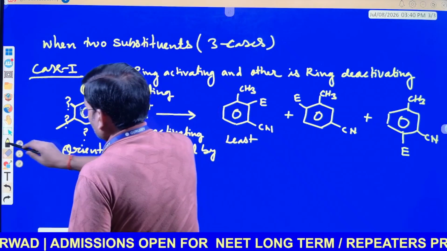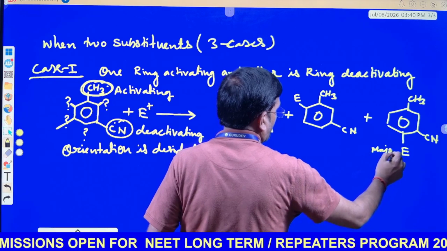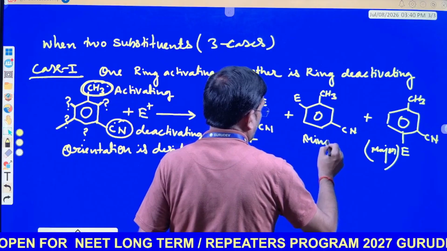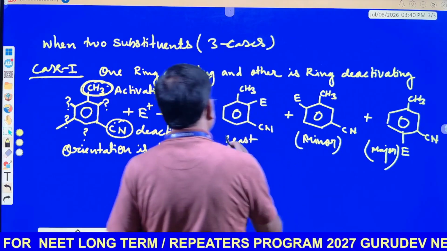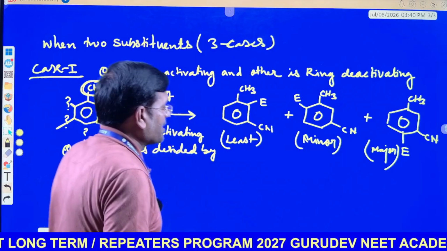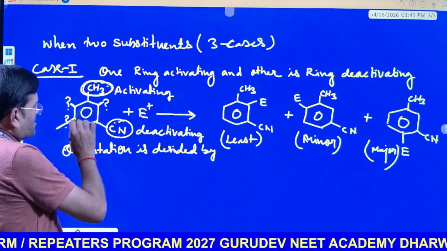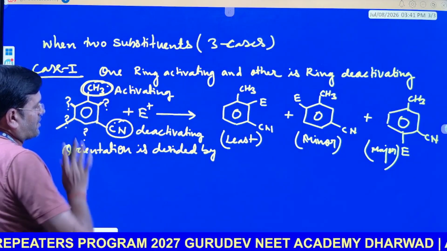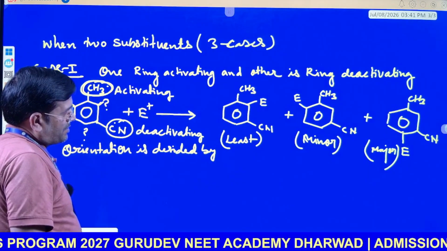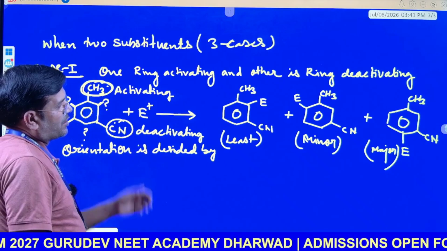So this one is going to be major, this one is minor, and this one will form in the least proportion. Okay. So the question generally asked in JEE and NEET is how many possible isomers are there for this electrophilic substitution, and sometimes it may also ask which one is the major product likely to form.